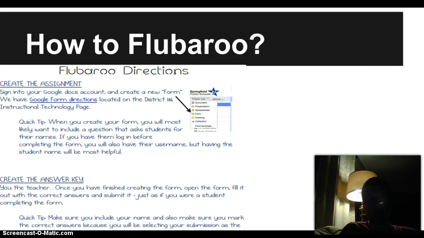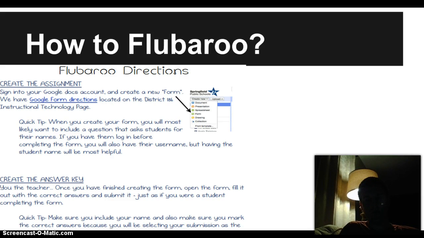When looking at how to use Flubaroo, I've actually included in here some extensive step-by-steps, but the first thing you want to do is create some kind of assessment in Google Forms. And once you do that, you kind of, in a sense, create an answer key.